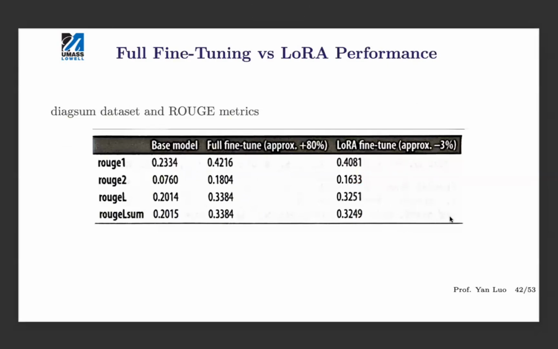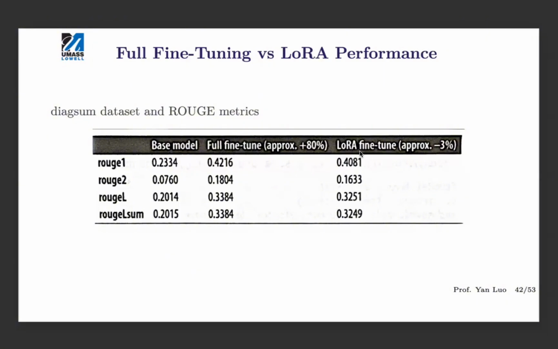Okay, just to compare the performance between the fully fine-tuned model versus the LoRA fine-tuned model. Here's an example using the dialog summary data set and using the ROUGE metrics. The first column is the base model, so that's before fine-tuning, and the second column is the full fine-tune.